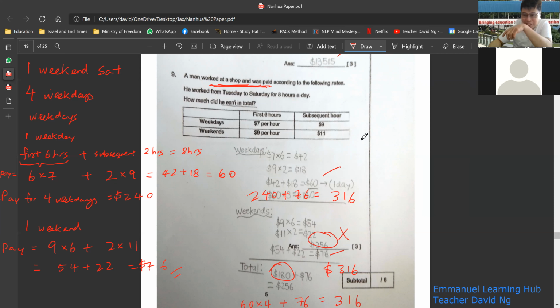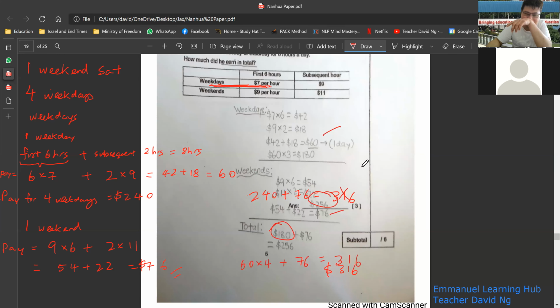That means I don't count in my head lah. I count with my fingers. Back to lower primary. Back to kindergarten lah. Sometimes got to do that lah.